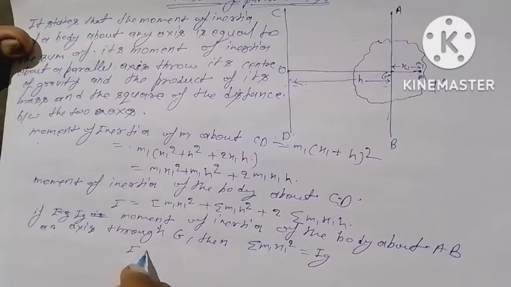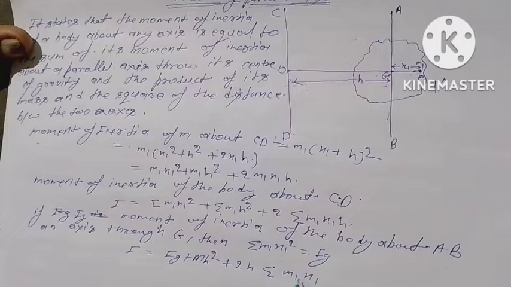So I equals Ig plus m h square plus 2h sigma m1 x1.